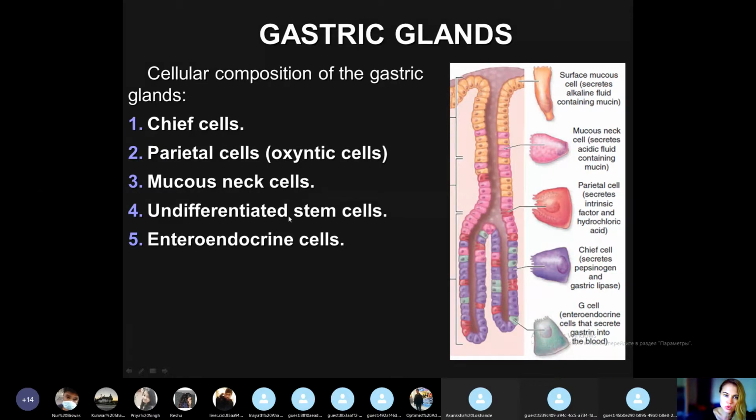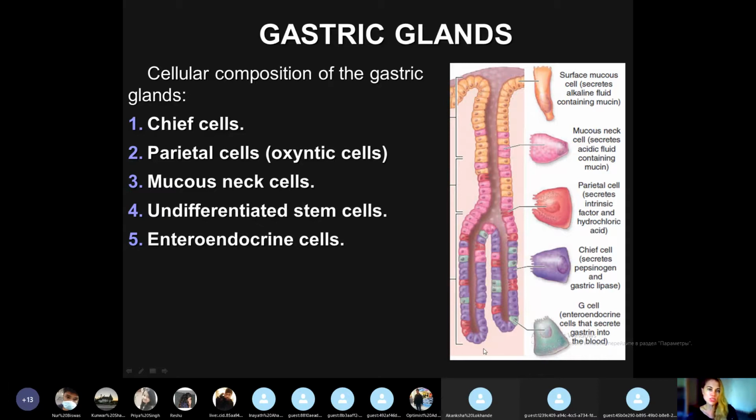This is why they have small size. And enteroendocrine cells, these cells provide endocrine activity and produce different biologically active substances and hormones that are released to the blood. We can find these cells in the base of the gland.